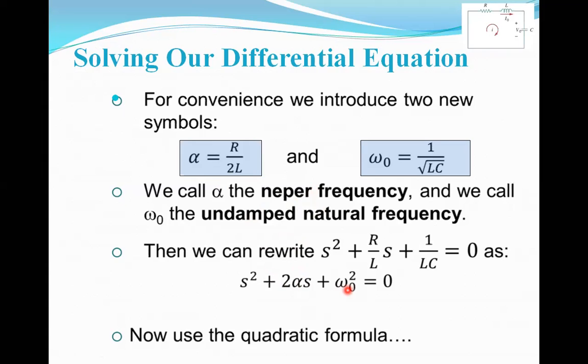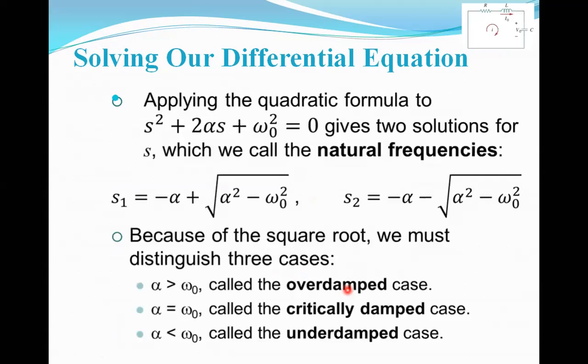Now use the quadratic formula, like minus b plus or minus under root of b square minus 4ac divided by 2a. If you substitute that, you get two solutions which we call the natural frequencies. So s1 is equal to minus alpha plus under root of alpha square minus omega naught square, and s2 is equal to minus alpha minus under root of alpha square minus omega naught square.